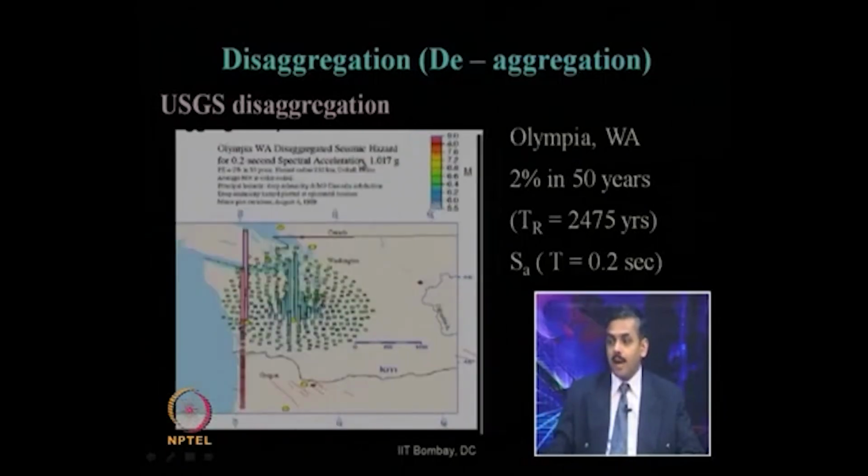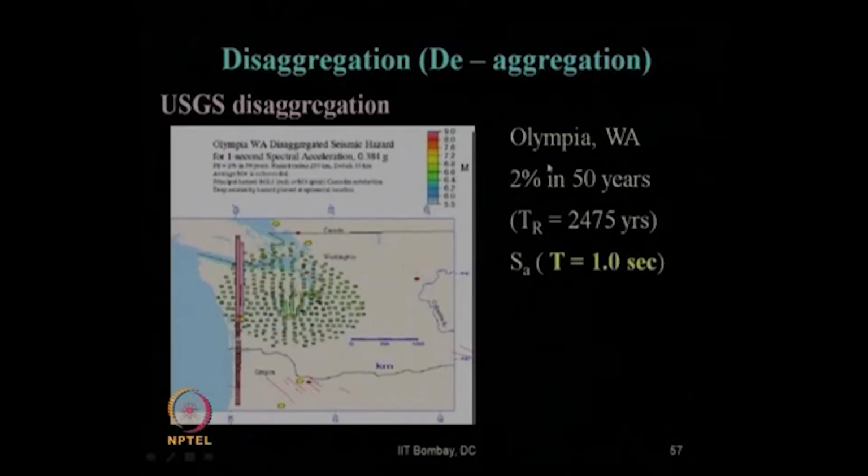Similarly, for another region, Olympia in Washington, you can see different histograms, again for the same TR value and same SA, corresponding to a time period of 0.2 seconds. Same location, but for another natural period, look here, 1 second, a higher value of time period.